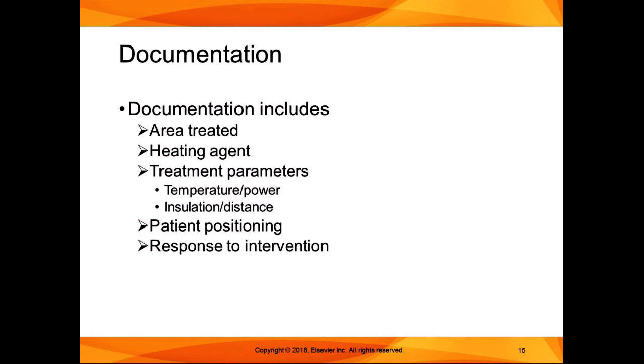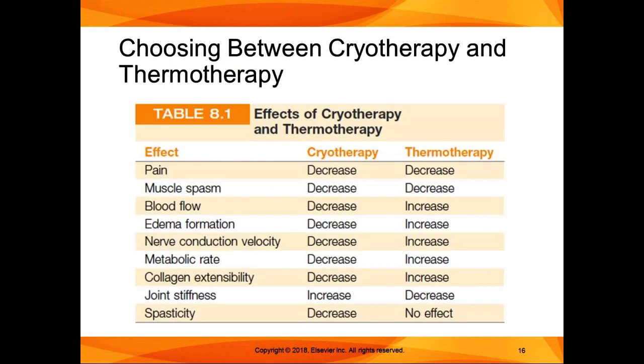And then when I got home, it was pretty red, and I broke out in a couple blisters. You want to document that in today's current chart in the subjective section. You also want to talk to whoever applied the treatment last time to make sure they knew about that, because we want to prevent that from happening in the future. So the things we can do to prevent that is use more insulation, monitor the patient more closely, or potentially don't use heating modalities on that person if they're sensitive.